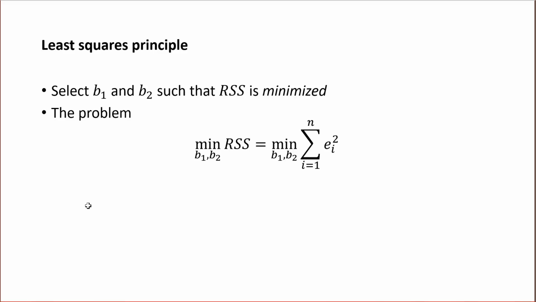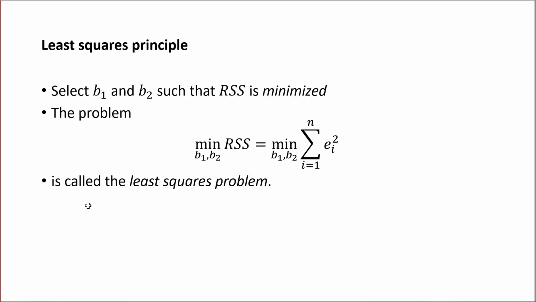So this particular mathematical problem is called the least squares problem. It's a purely mathematical optimization problem, and it can be solved by using standard mathematical techniques. You take the derivatives and set them to 0 and so on. But we're not going to look at that in this lecture.